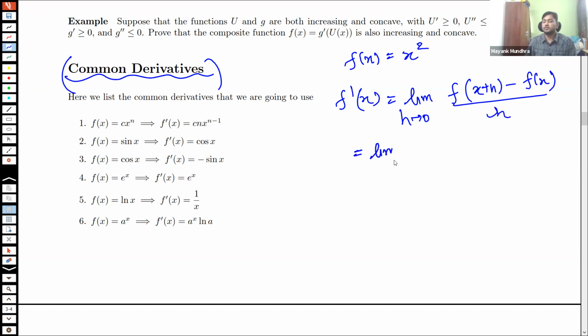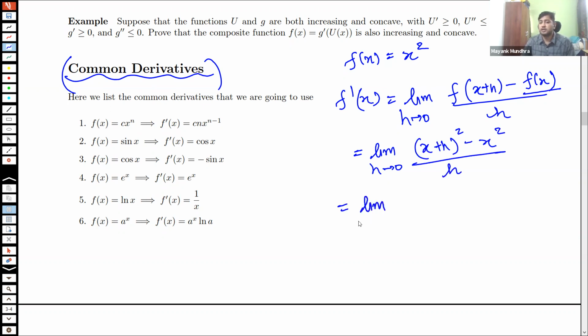So this is going to be limit h tending to 0. Now, instead of x square, what I'll get is x plus h whole square minus x square, because f of x is x square, divided by h. So this is limit h tending to 0, x square plus 2hx plus h square minus x square upon h.